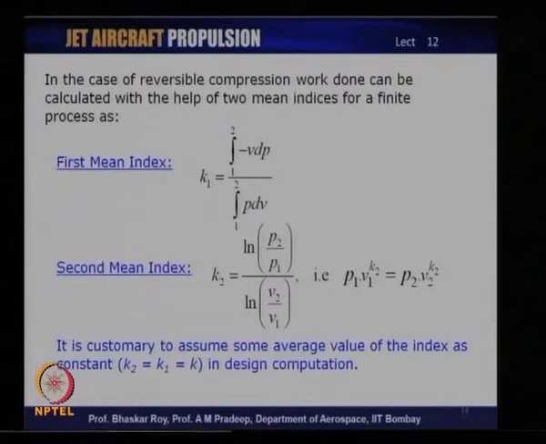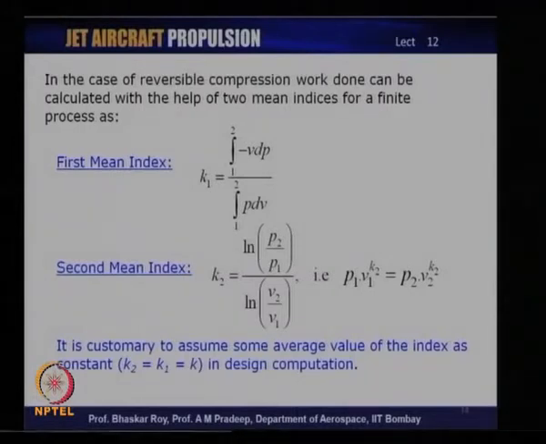So, the two mean indices, their definitions are slightly different from each other, can be considered to be one and the same. So, if we can get a value of the index through one of the mechanisms, we can use it in the other relation, that is P v to the power k, and carry on our thermodynamic analysis of the compression process.